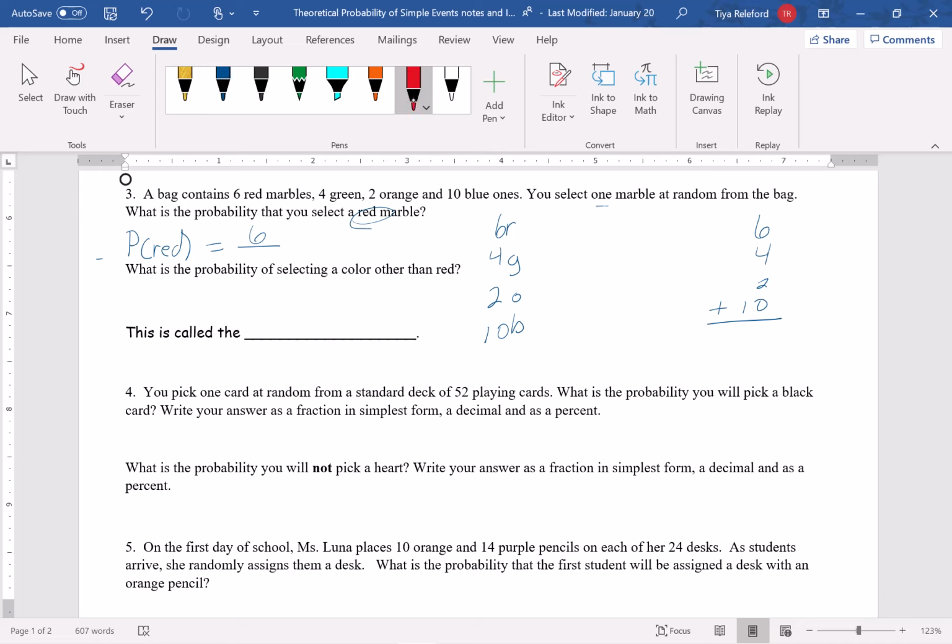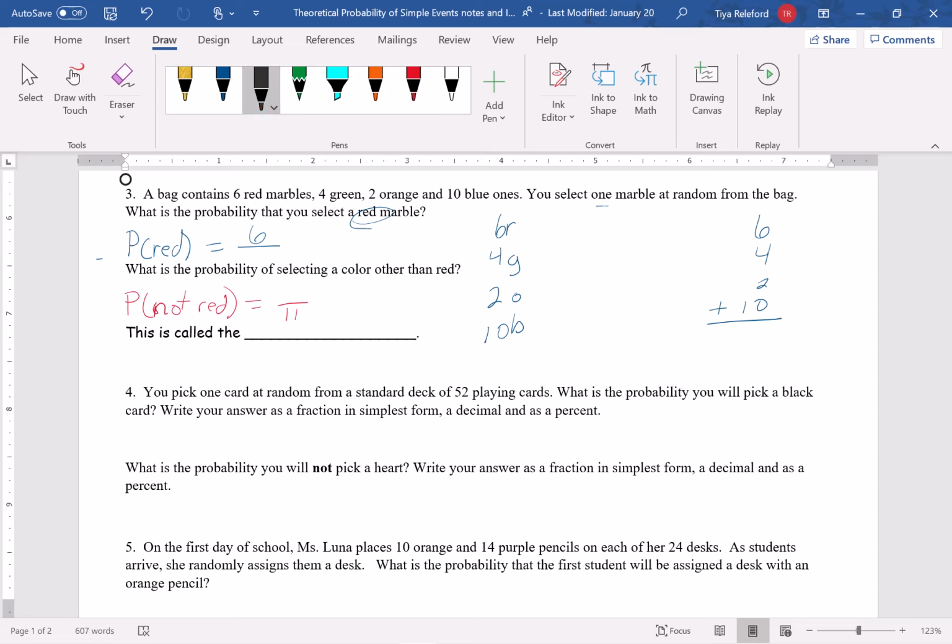Now it says, what's the probability of other than red? So we're talking about not red. So keep your denominator. Now, if 3 out of 11 are red, how many are not red? Absolutely.